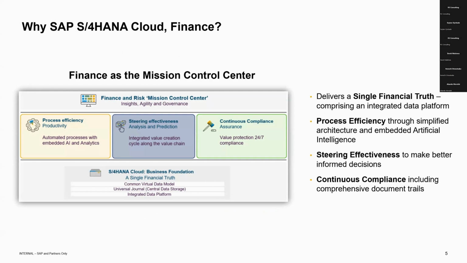Here SAP delivers a single source of truth, process efficiency through simplified architecture and embedded artificial intelligence, steering effectiveness to make better informed decisions, and continuous compliance. This is very important for a lot of companies: compliance, compliance risks, and so on.